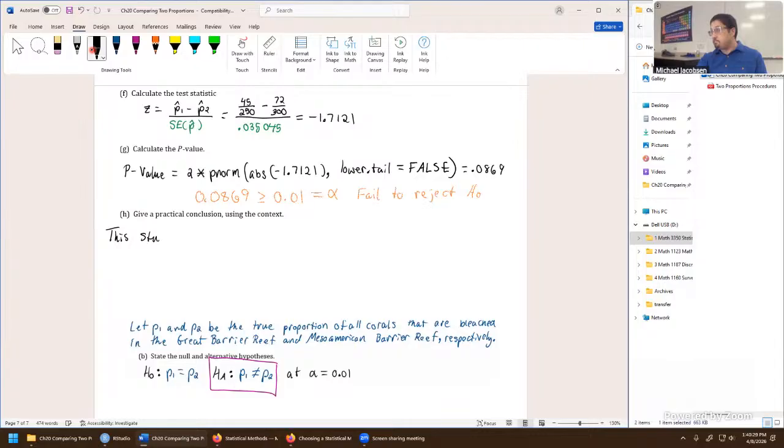This study fails to provide, the failure coming from right here.